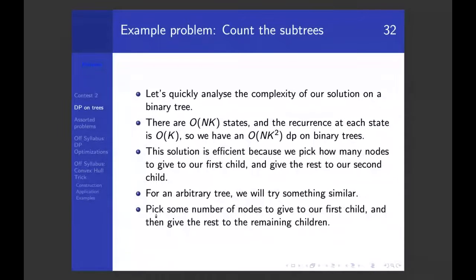We're going to pick some number of nodes to give to our first child, and rather than distributing the rest among the remaining children, we say, give 5 nodes to our first child, that is dp of first child 5, and then just give the rest to the rest of our children. How we handle that will become clearer on the next slide.